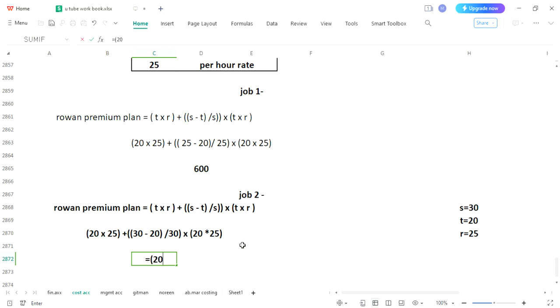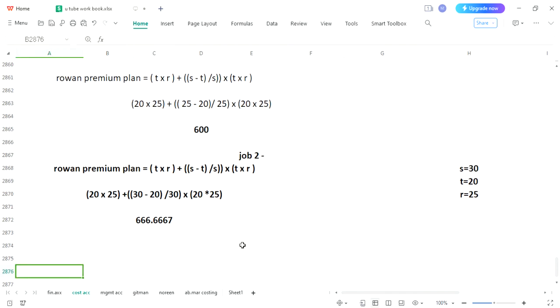Bracket start 20, time taken, multiply by 25, rate per hour, and then you need to add, bracket open, two brackets, standard time was 30, you will subtract time taken 20, bracket closed, divided by standard time 30, again bracket closed, multiply, open your bracket, and time taken was 20, multiply by per hour rate 25. All right, so in this way you have put your calculation, and the second job amount is 666.